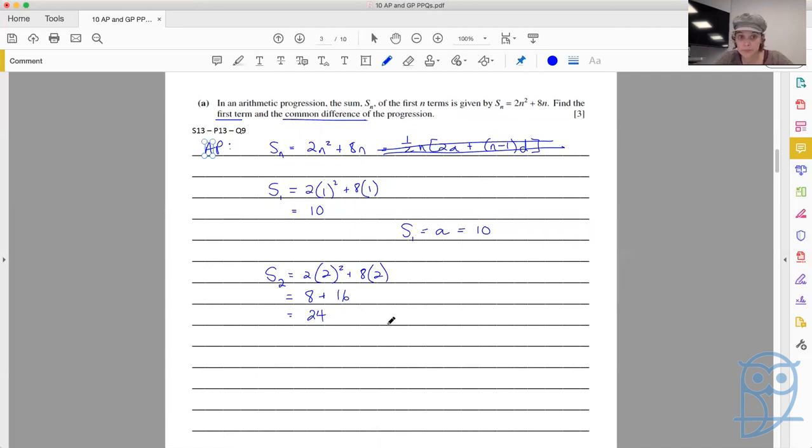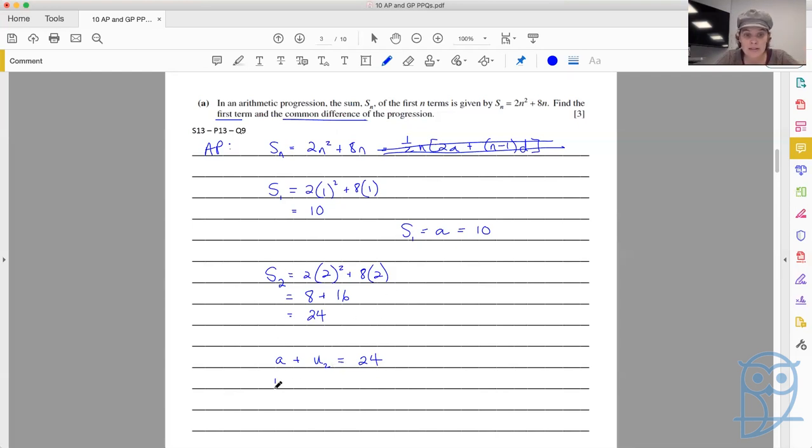Right, now, remember this is S1 plus S2. So we know that A plus U2 equals 24. Sorry, it's not S1 plus S2. S2 is A plus U2. So another reminder not to get confused between your sums and your terms.